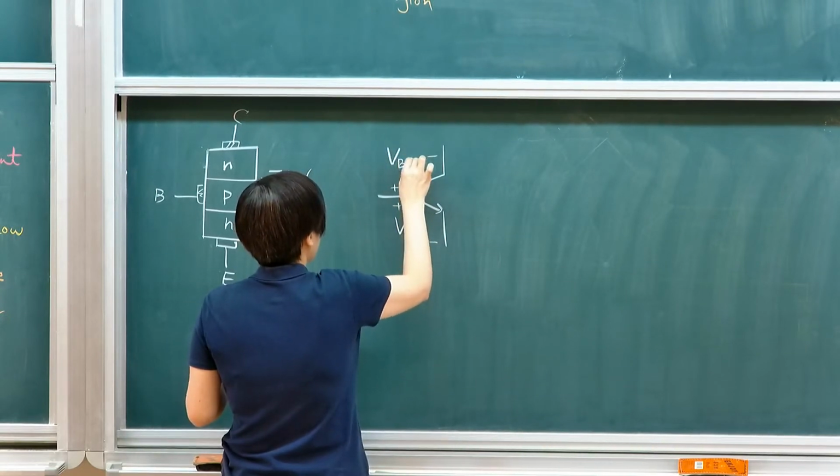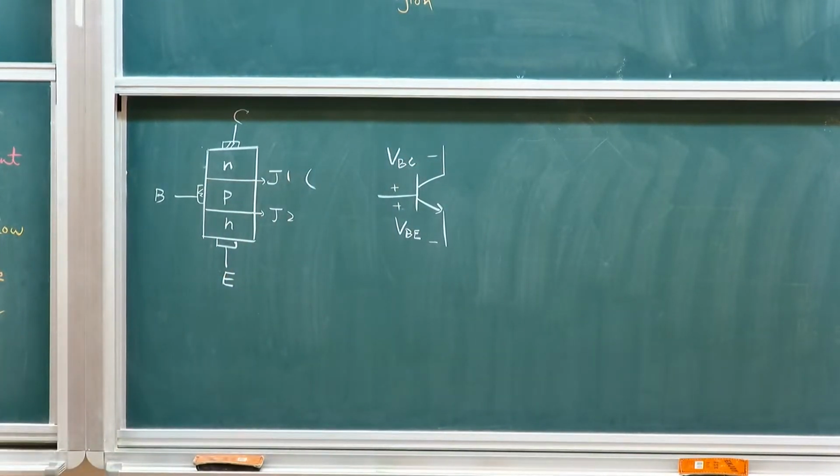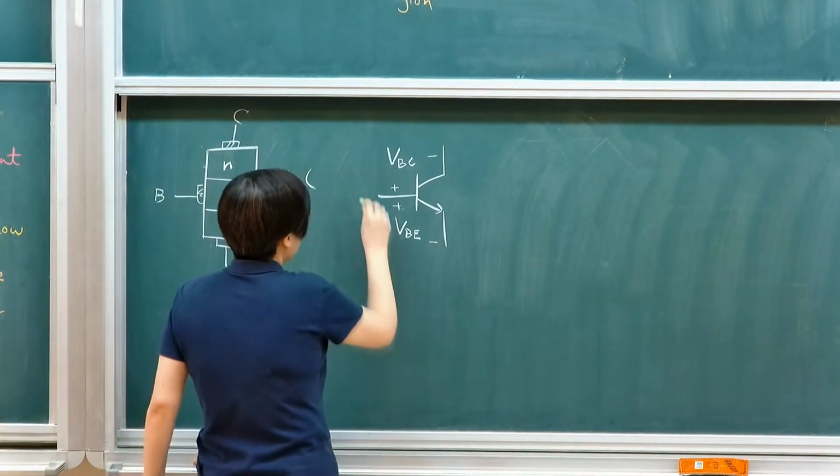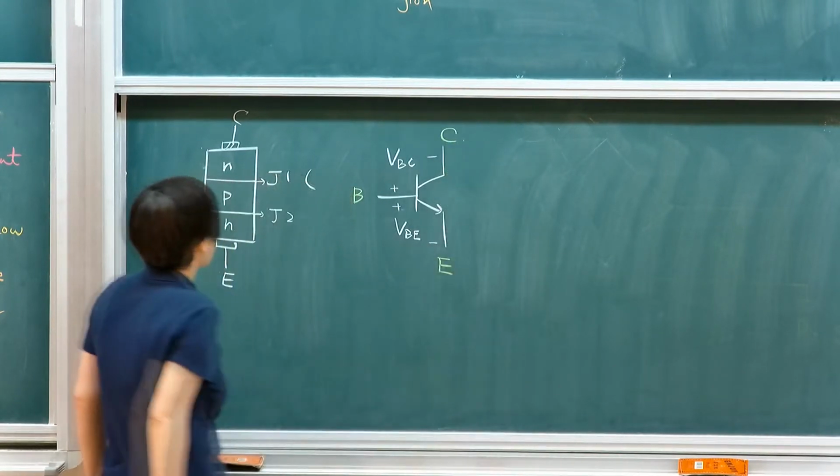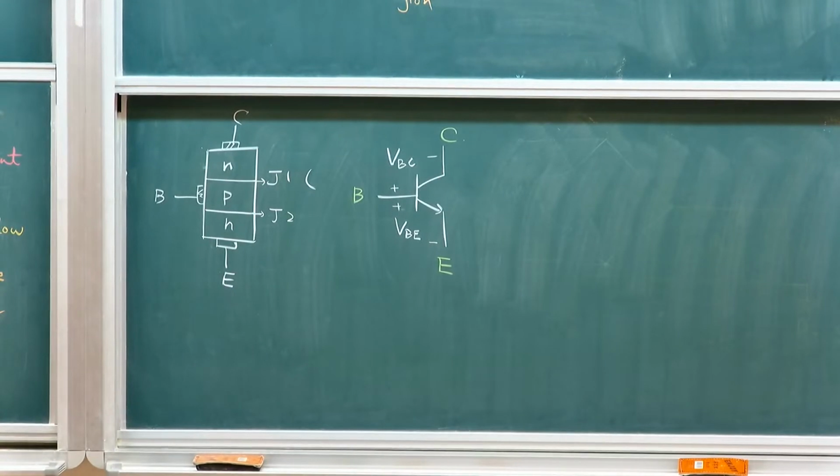I'm using B as the beginning because I want to make forward bias positive. Defining, once again, base, emitter, collector. Okay? So this device basically consists of two junctions.